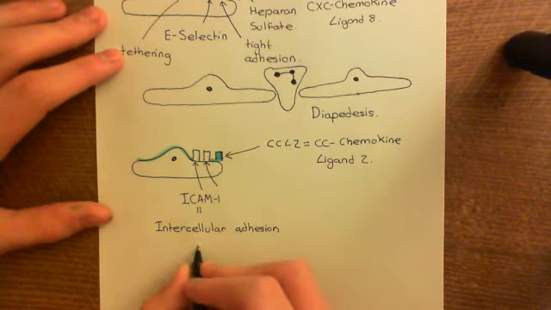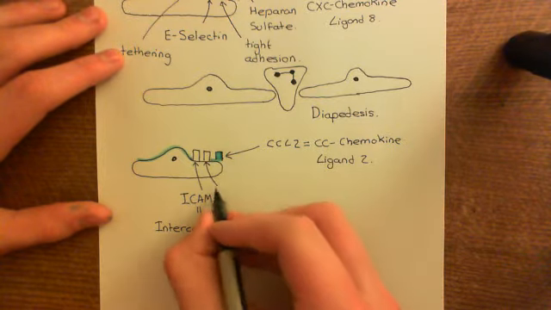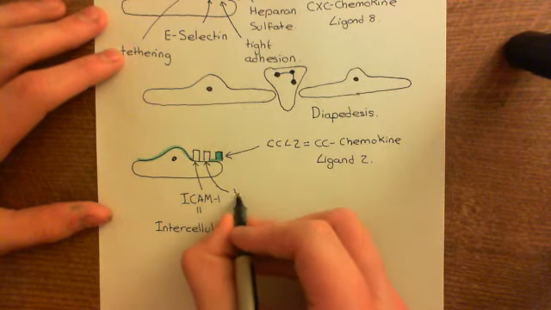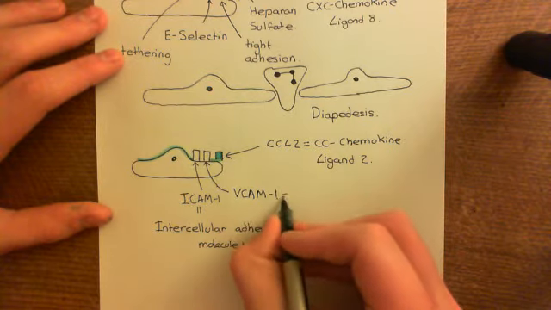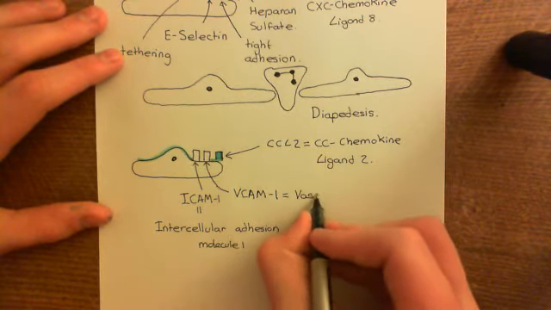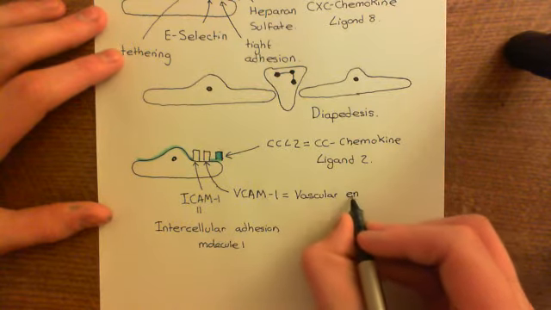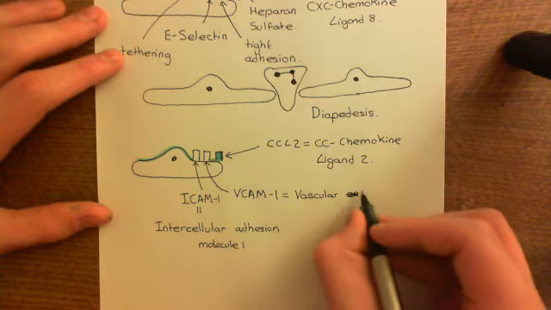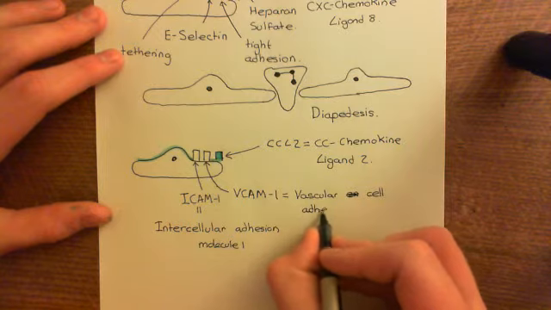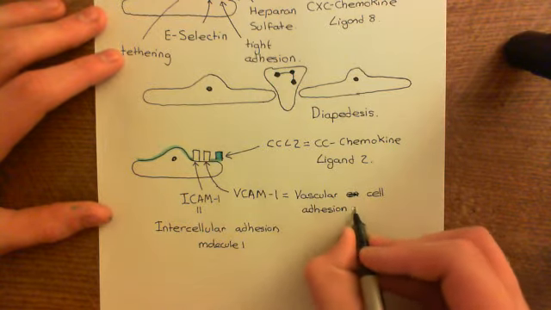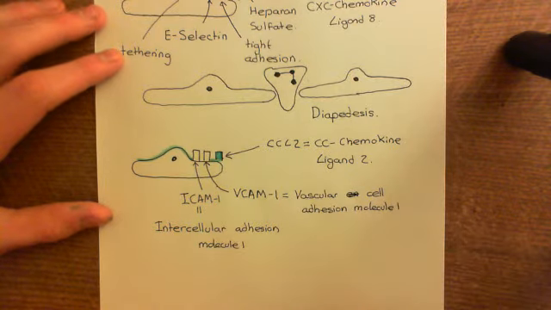Then this other molecule represents VCAM1, which stands for vascular cell adhesion molecule 1. The endothelial cell will express both of these on its surface. Not vascular endothelial, I'm thinking of vascular endothelial growth factor. Vascular cell adhesion molecule 1. Both of these are going to help with the recruitment of monocytes from the bloodstream.